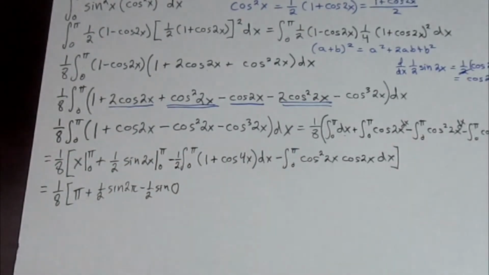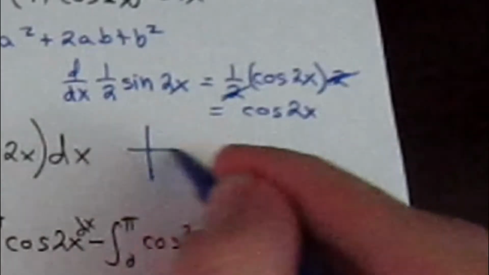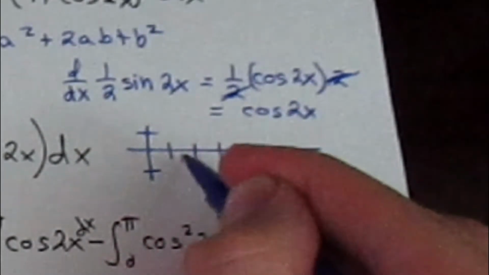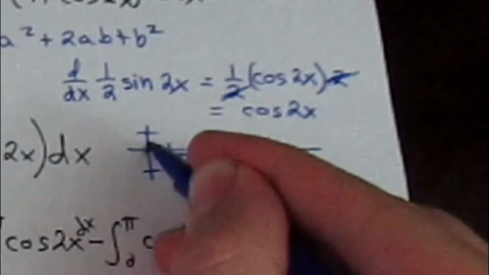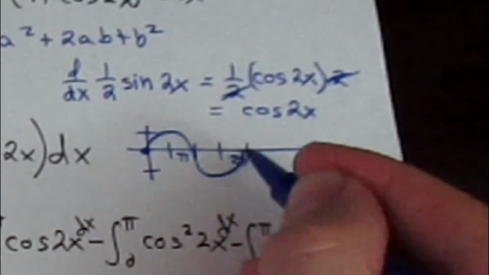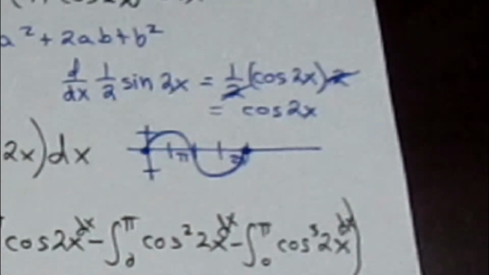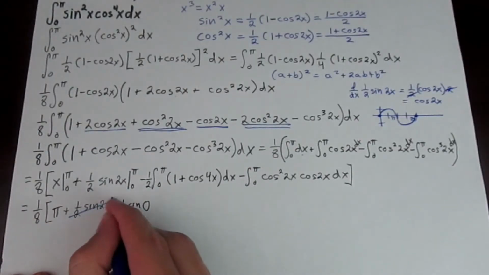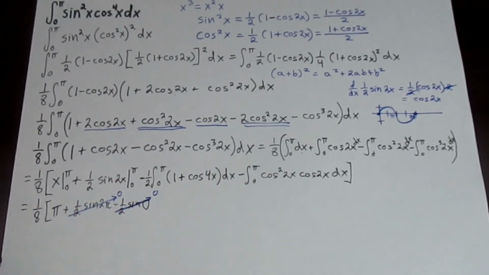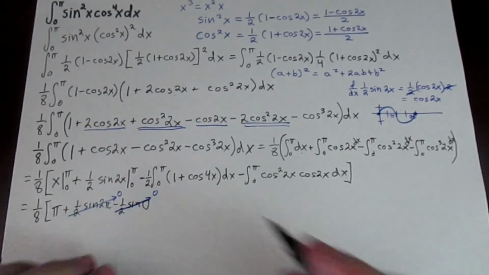And if you recall the sine graph, here at 0, sine of 0 is 0, sine of 2 pi is 0. So this basically goes to 0, and this goes to 0. So we don't have to worry about that.